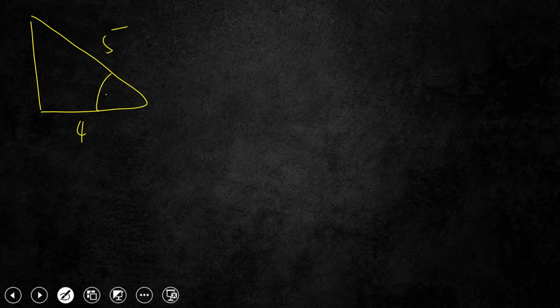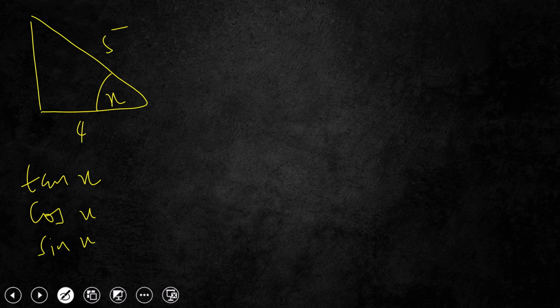So for example, if I have, let's say, a right angle triangle like this, and this side over here is maybe 4, and I have 5 over here, and maybe I have this to be x, and now I am asked to find the tan of x, the cos of x, and the sine of x.